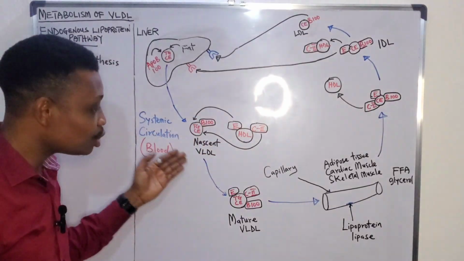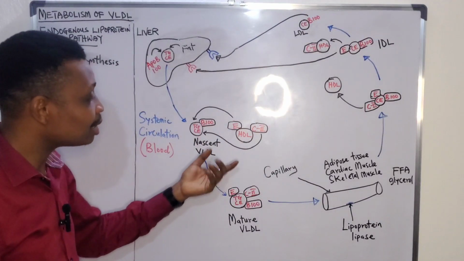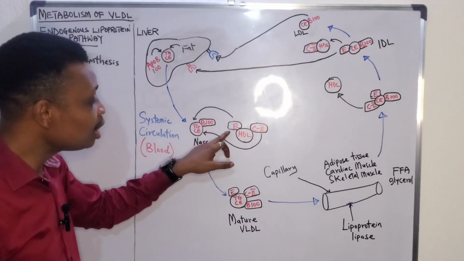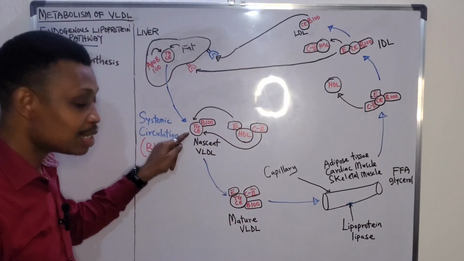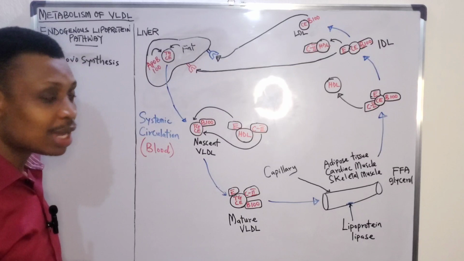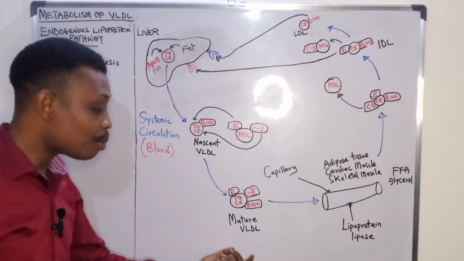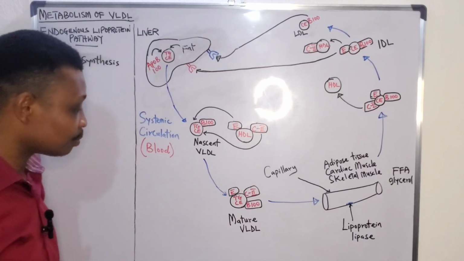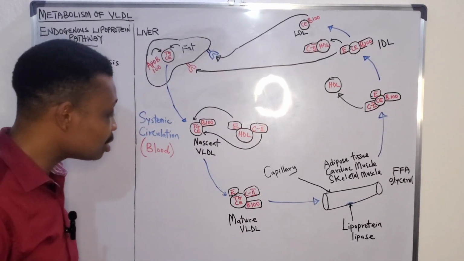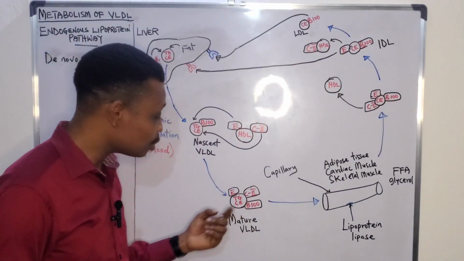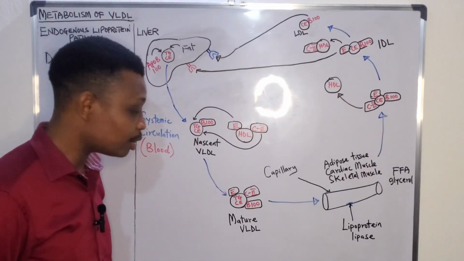So this association will cause a transfer of ApoE and ApoC2 to the nascent VLDL, and that will result in the nascent VLDL becoming a mature VLDL.